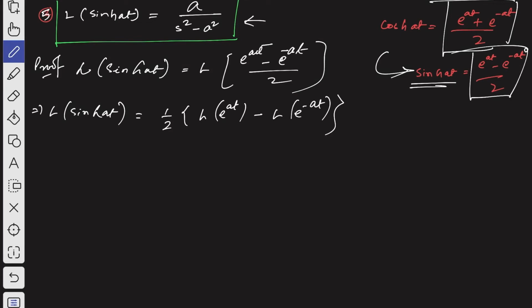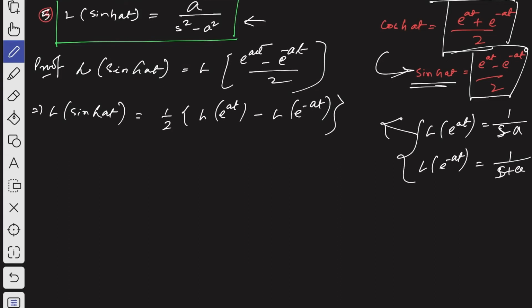We have already got that Laplace transformation of e to the power at is nothing but 1 by s minus a. And Laplace transformation of e to the power minus at is going to be 1 by s plus a, right? So let us use these two results here.